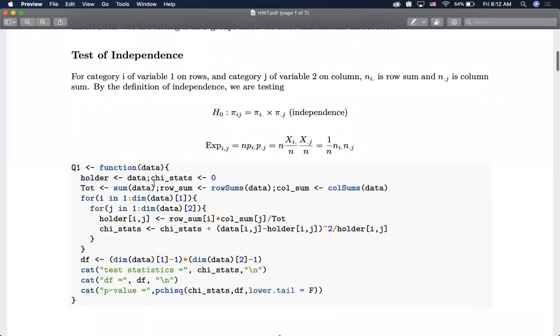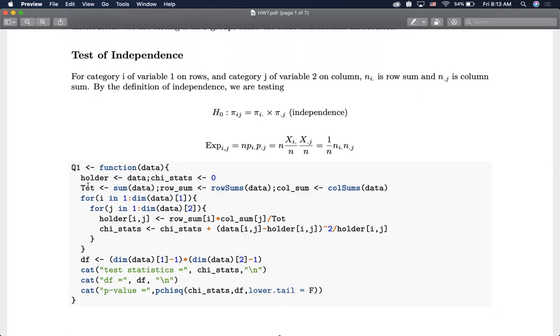I also initialize the chi-square test statistic to 0, because the test statistic is just observed minus expected, squared, over expected, summed across all ij pairs. I also define the total as the sum of the data, that is the total sample size, and then the row sum: if I have I rows, I'll have I numbers here; if I have k columns, I'll have k numbers in the column sum.